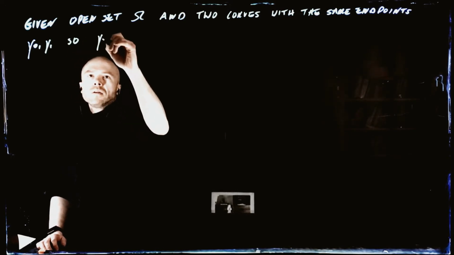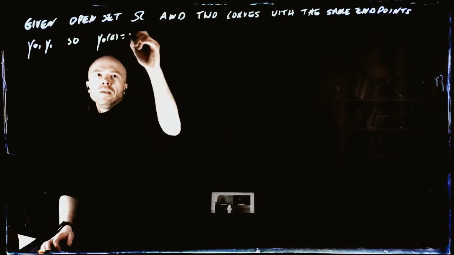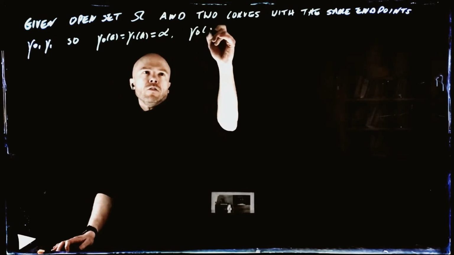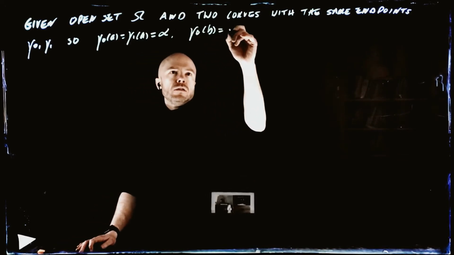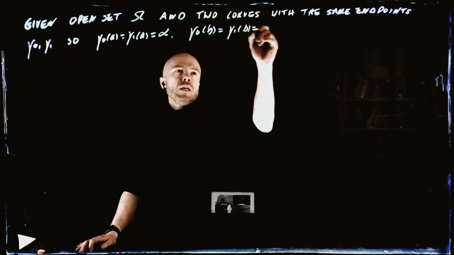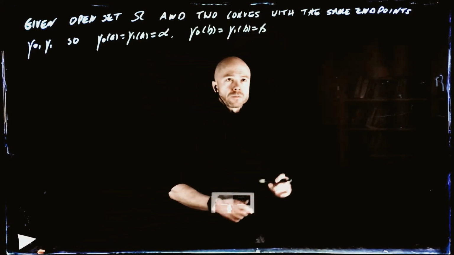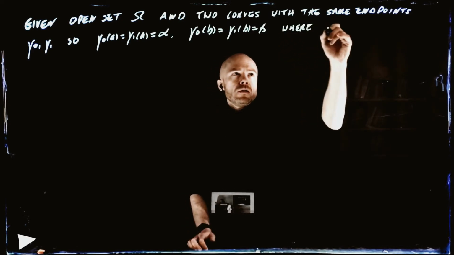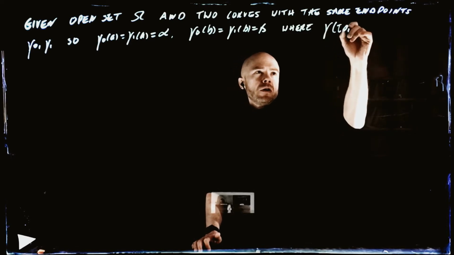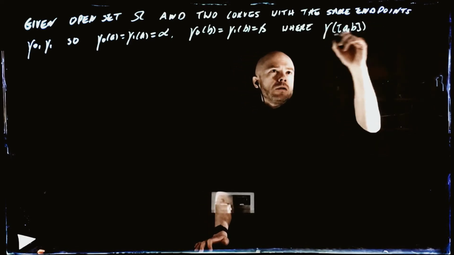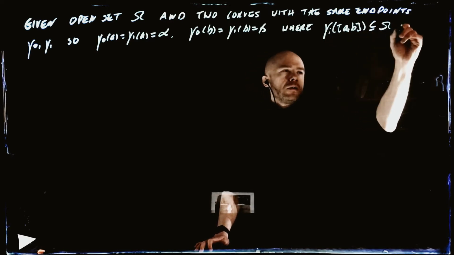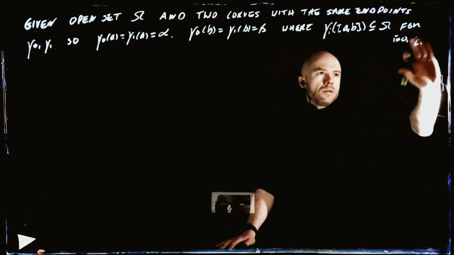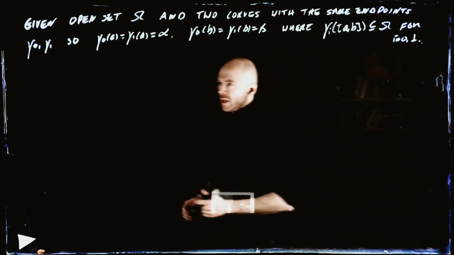So we have that gamma 0 of A equals gamma 1 of A, say, is alpha, and gamma 0 of B is equal to gamma 1 of B equals beta, okay? Where both of them are inside our domain. Then we say they're homotopic.